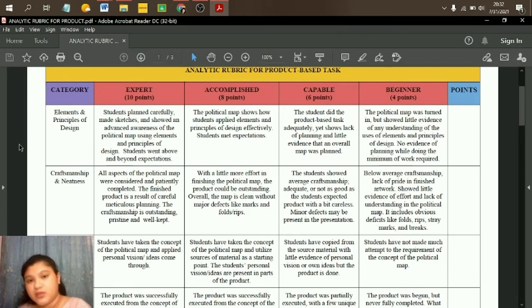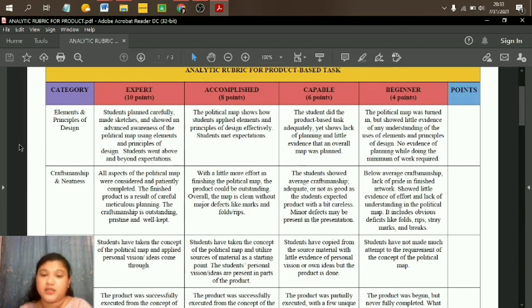For the capable, which is 6 points, the students did the product-based task adequately, yet show a lack of planning, rushed, and there is little evidence that an overall map was planned. Lastly, for the beginner, the political map was turned in, but showed little evidence of any understanding of the uses of elements and principles of design. No evidence of planning while doing the minimum of work required.